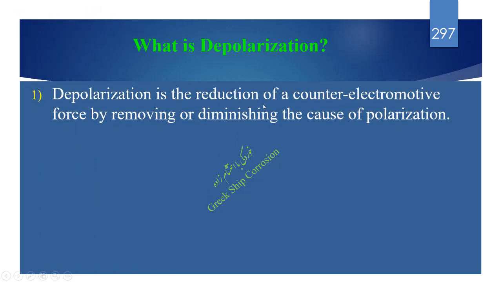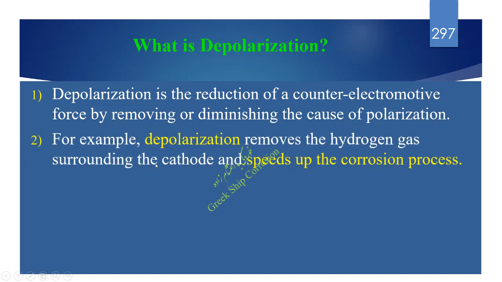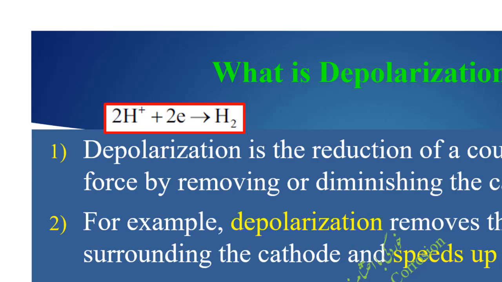Depolarization is the reduction of a counter-electromotive force by removing or diminishing the cause of polarization. For example, depolarization removes the hydrogen gas surrounding the cathode and speeds up the corrosion process: 2H+ + 2e- yields H2.